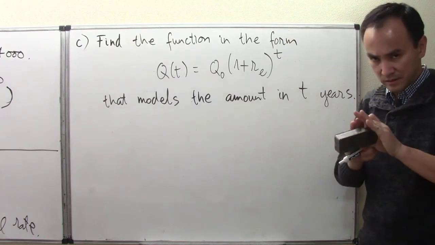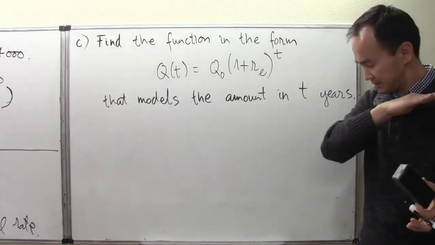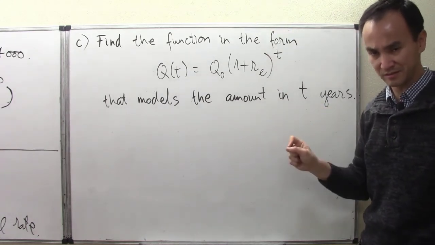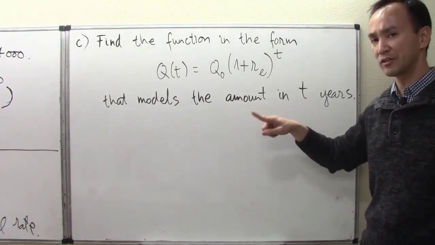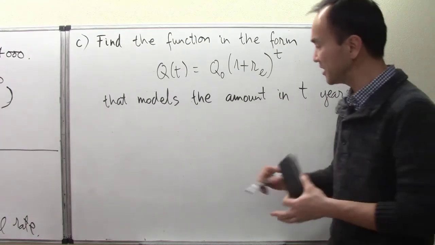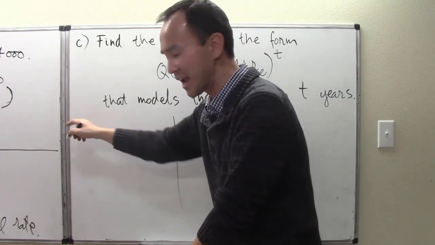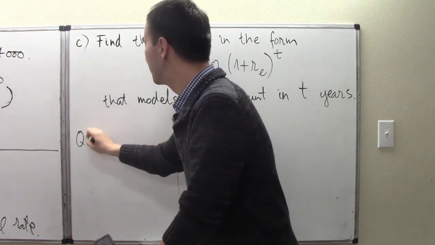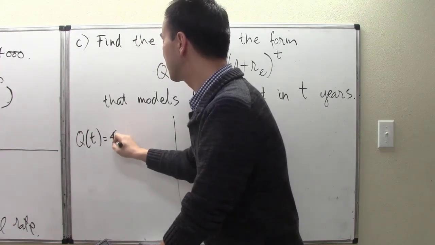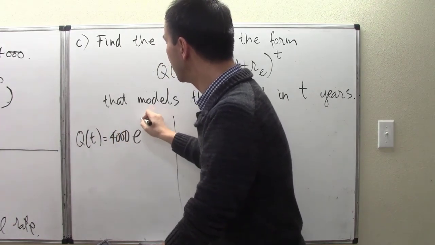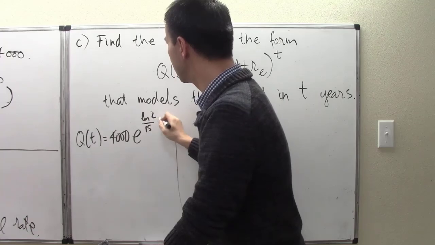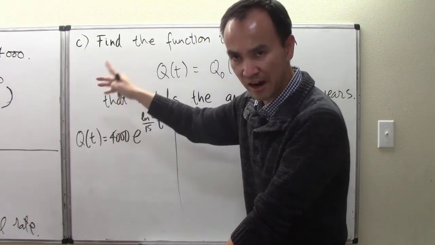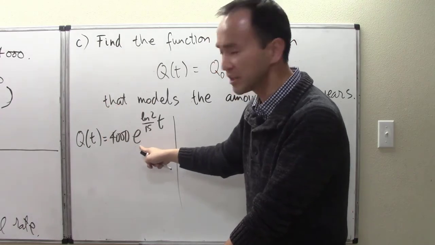So the real situation here is that money is growing continuously. That's already nailed down. And now we're talking about two different forms. We have previously found in part A, Q of t equals 4,000 times e to the natural log of 2 over 15 t. That's the form we found for our modeling function from part A, but that was in base e.